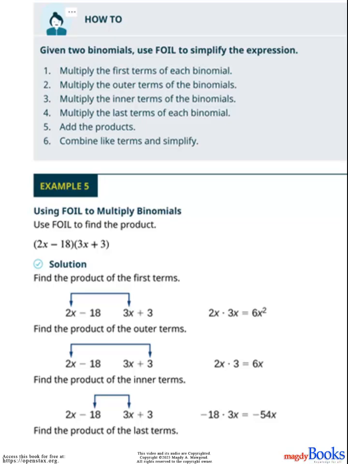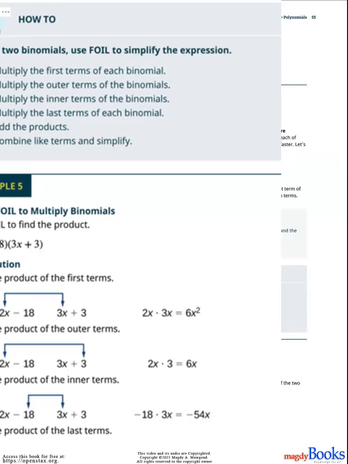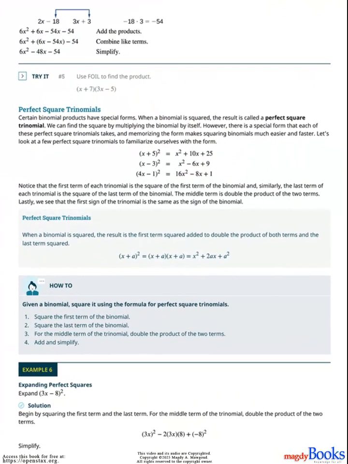Find the product of the inner terms: −18 · 3x = −54x. Find the product of the last terms: −18 · 3 = −54. 6x² + 6x − 54x − 54.